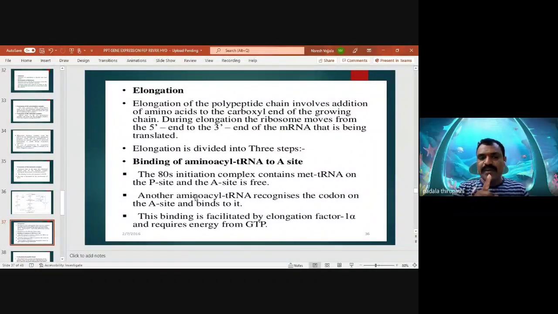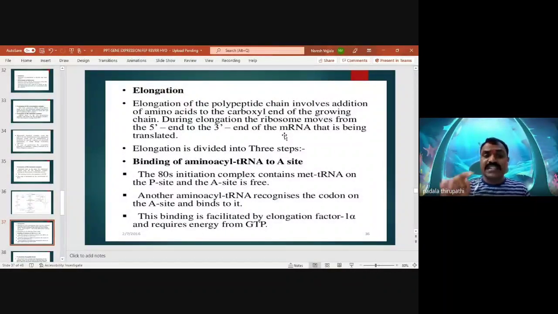My dear friends, remember from the previous class, the elongation process is from 5' end to 3' end. This is very, very important, remember.